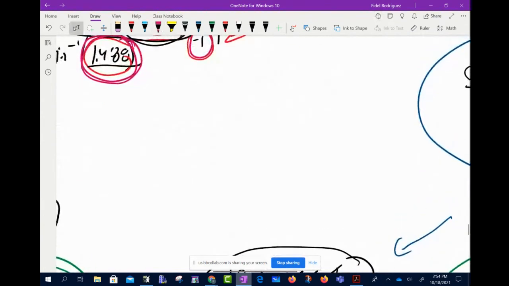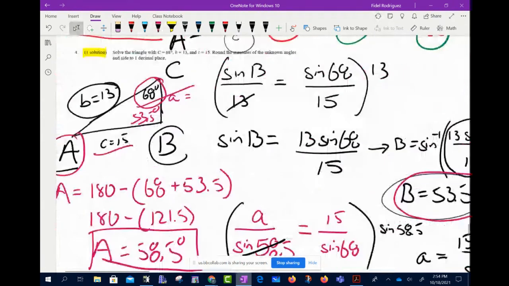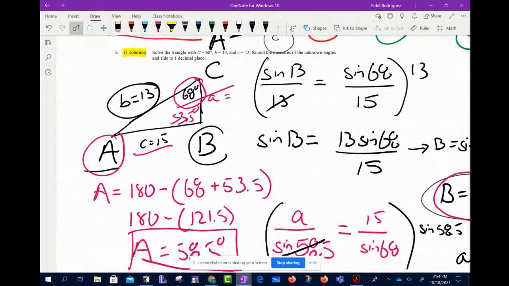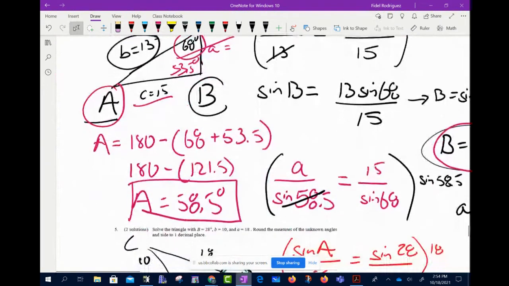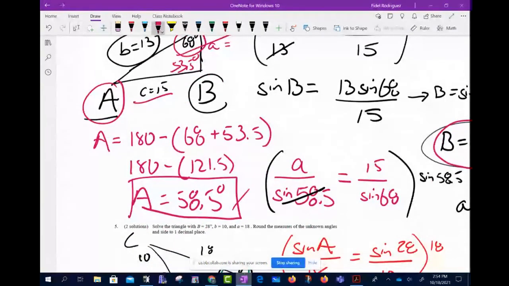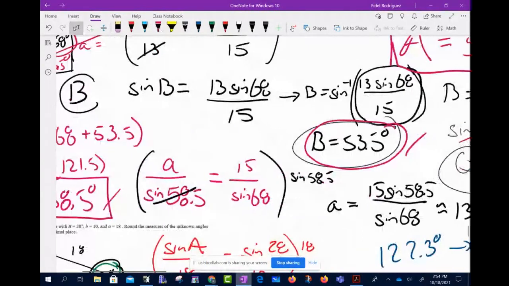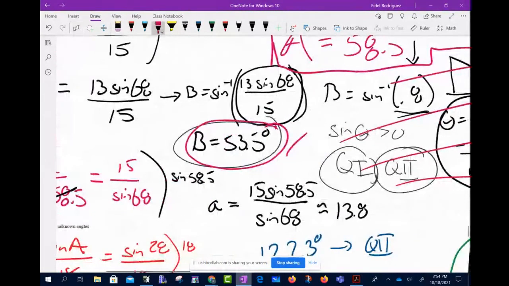Then when we started doing the second problem right here, and we came up with our angle being 58.5, right? I'm sorry, no, the first one we did was right here. We came up with our angle being 53.5. We didn't do this the first time because our angle didn't even happen.